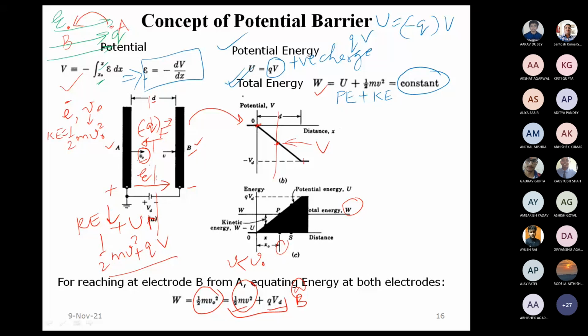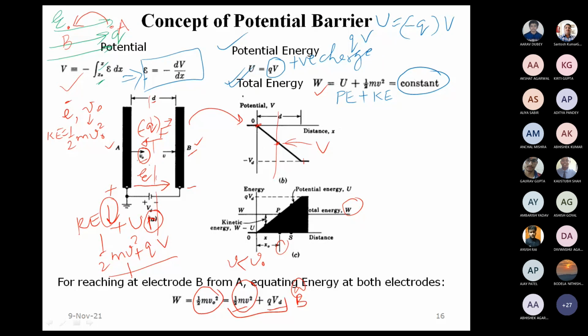What I am saying essentially is that initially the kinetic energy was large and the potential energy was 0, and now as the charged particle, the electron, is moving from plate A to B, the kinetic energy is decreasing and the potential energy is increasing.